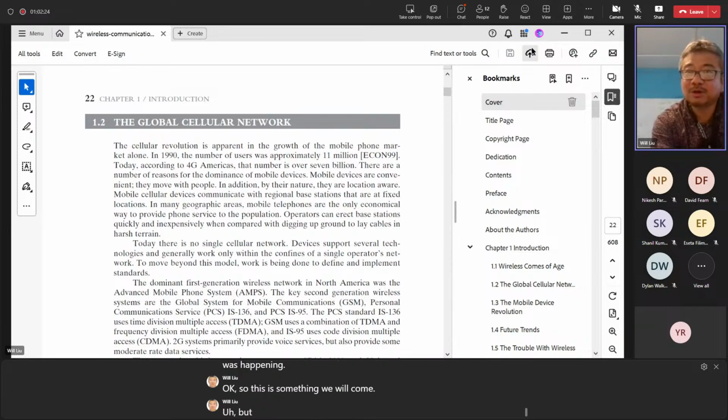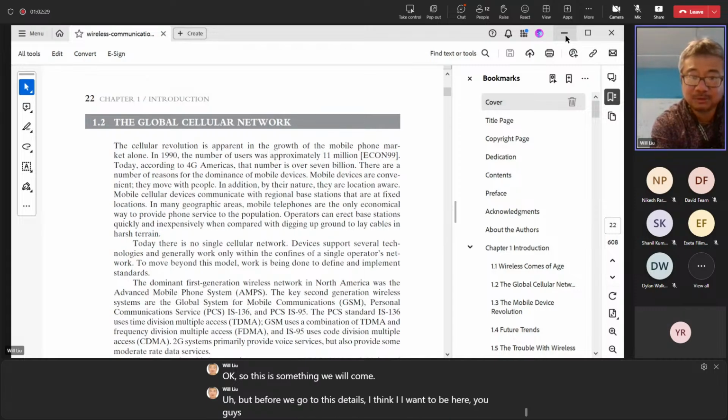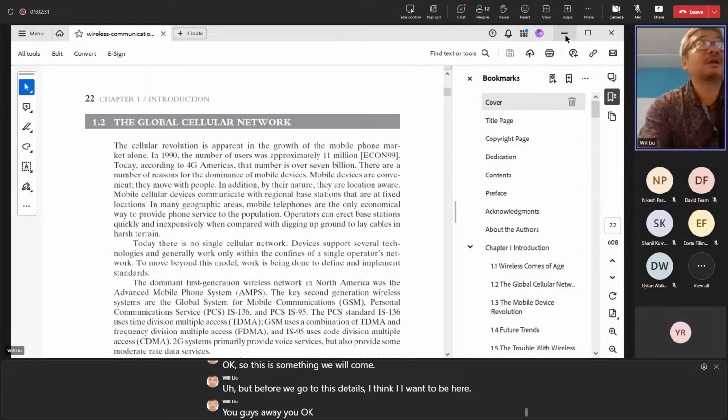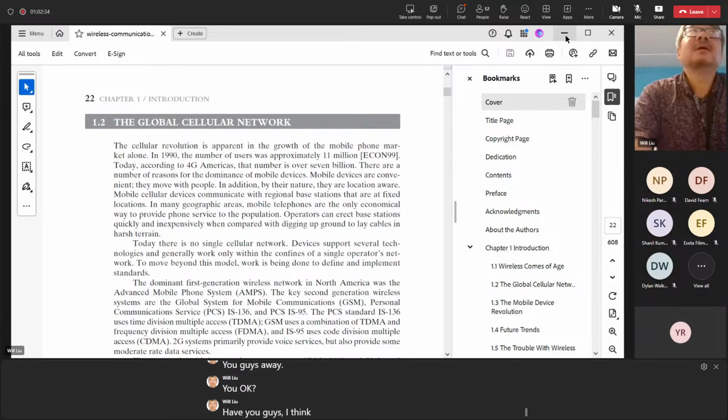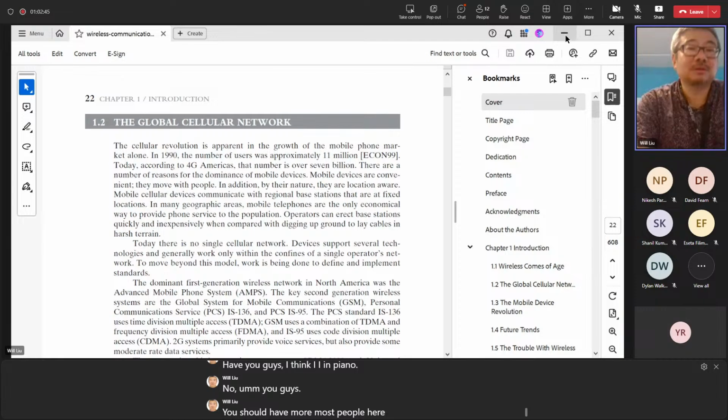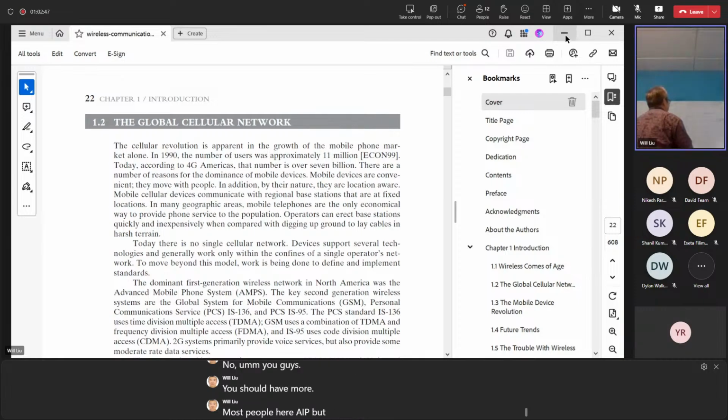But before we go to these details, I'd like to give you guys a view. Have you guys heard of AI Pin? AI Pin, P-I-N? No? Oh, you guys are nice. Most people hear AI by pronunciation. Is it AI, artificial intelligence? It's a new generation form. No?